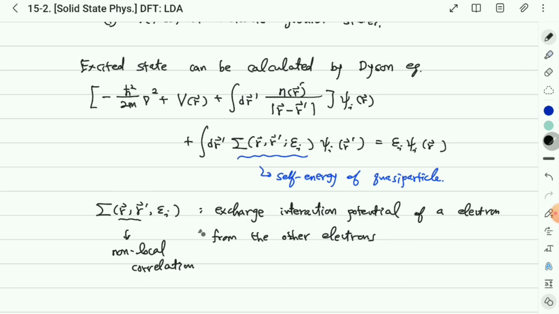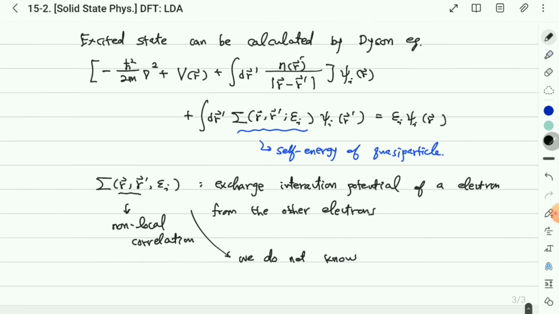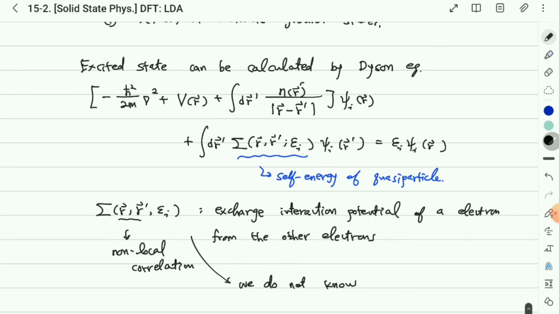Here G means the Green function, and W means the effective potential.